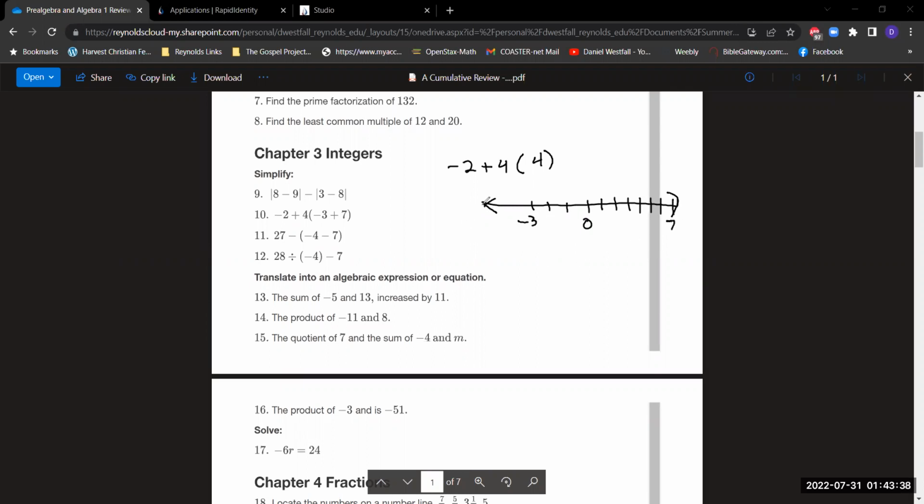It does not matter whether I start at -3 and go 1, 2, 3, 4, 5, 6, 7, or I start at 7 and move 1, 2, 3 to the left. Either way, I get to the same place, which is 1, 2, 3, 4 to the right of 0, so it's a +4.